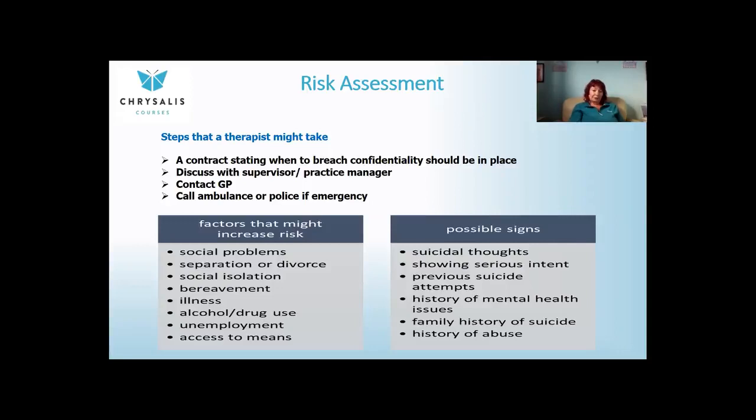And the Samaritans are a charity that offer round-the-clock emotional telephone support. And if we think our client is at risk, it would be a good idea to give them the number for the Samaritans.